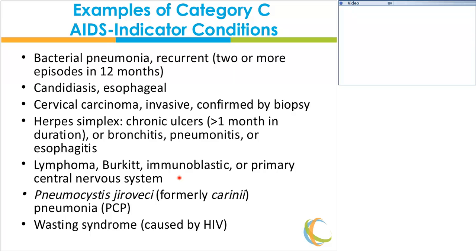And of course, we know that PCP pneumonia is an AIDS-defining illness, which we'll discuss medicines to hopefully prevent. And I wanted also to mention that in wasting syndrome, there are specific criteria related to how much weight is lost over what specific period of time, and that criteria is found on page 89 of your HRSA-HAB clinical guide.